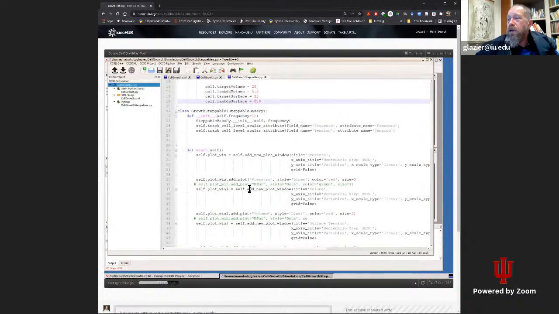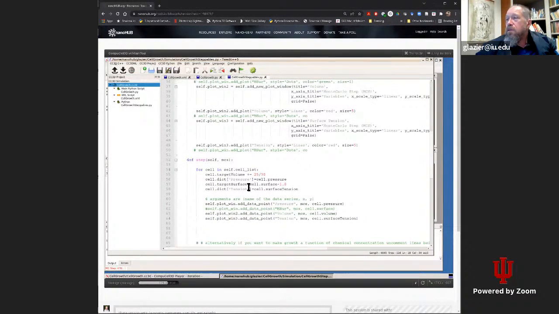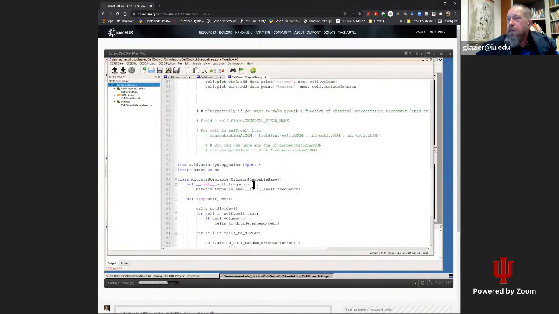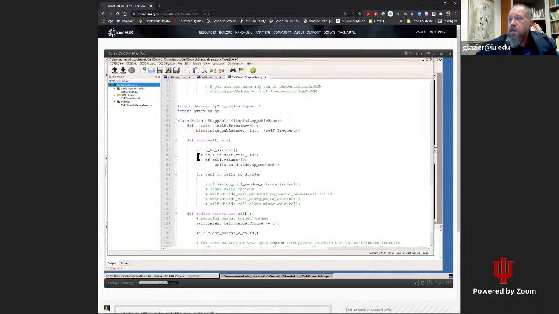And let's look at what we have here. And again, I'd like people to be trying to do this on your own too. Let's look at the division rule. The first thing we see here in the mitosis steppable, if cell volume is greater than 50, we have the cell divide.